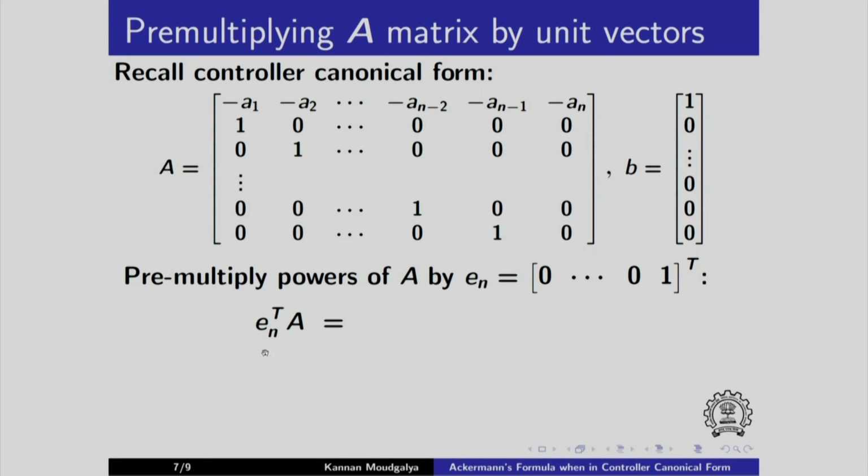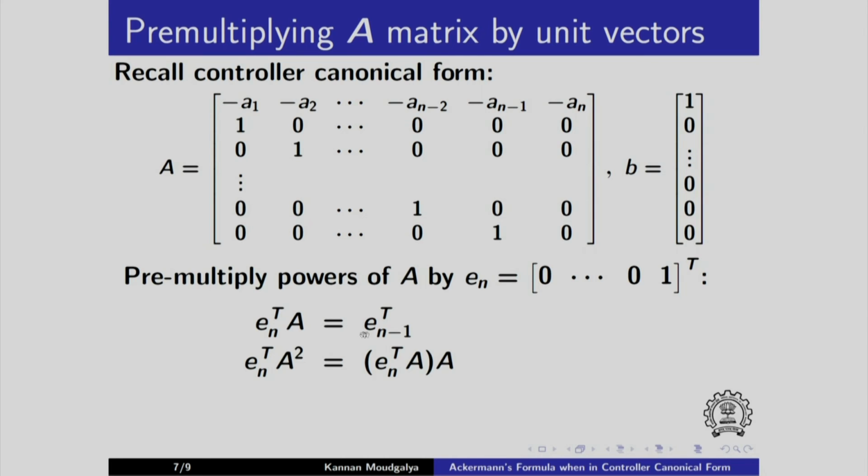So let us calculate En transpose times A. So I want to multiply this by all zeros but 1 here. So what this will do is, it will pick the last row, and the last row is nothing but En minus 1 transpose. So I get this. Now let us do this for A squared. En transpose times A squared is nothing but En transpose of A into A. Now what is En transpose of A?